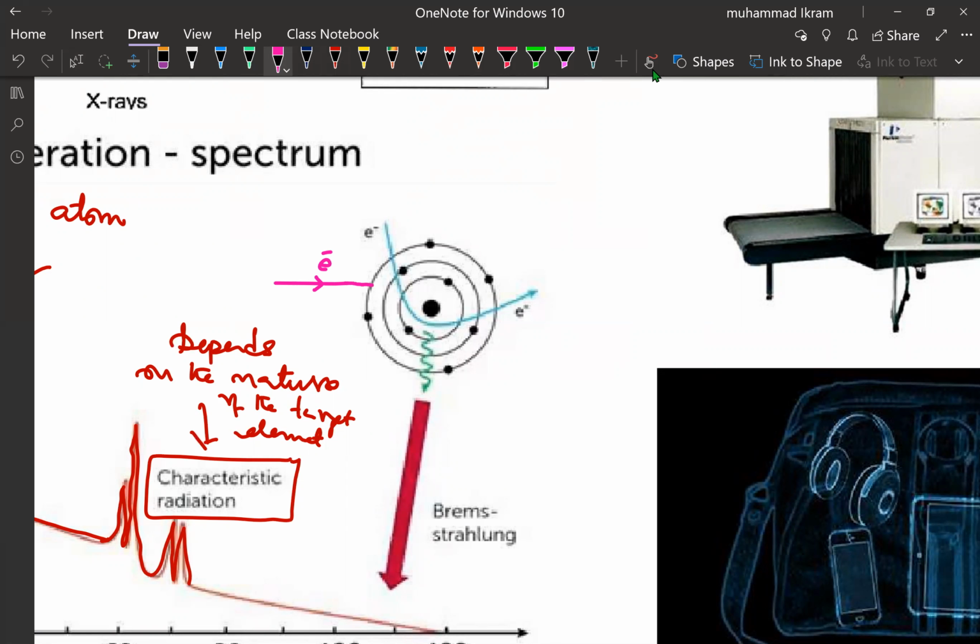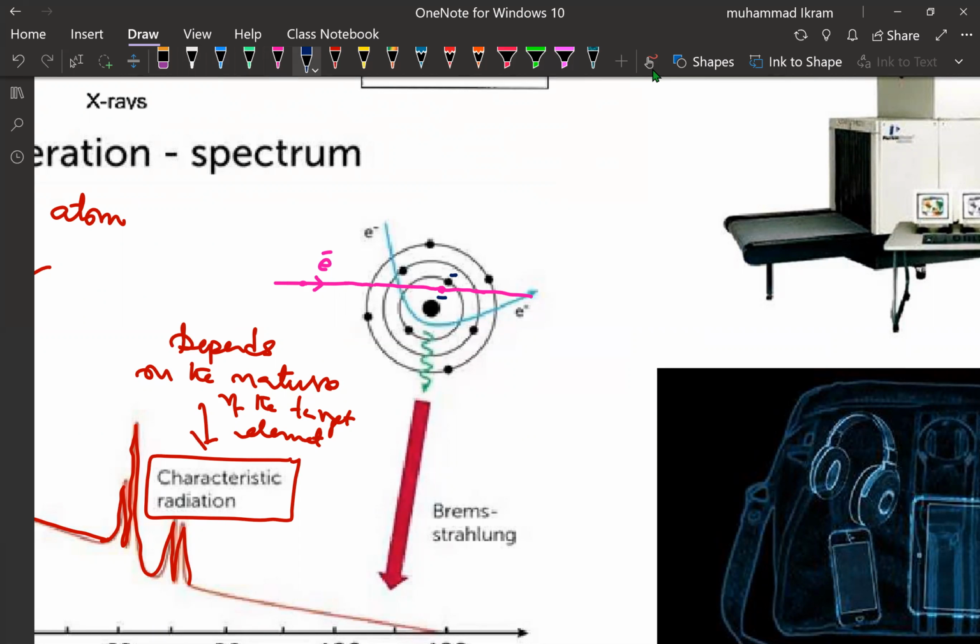As you see, the electrons arrive right here at this point. Either there might be a head-on collision, or there might be Coulomb repulsion. This has a negative charge, and this has also a negative charge.